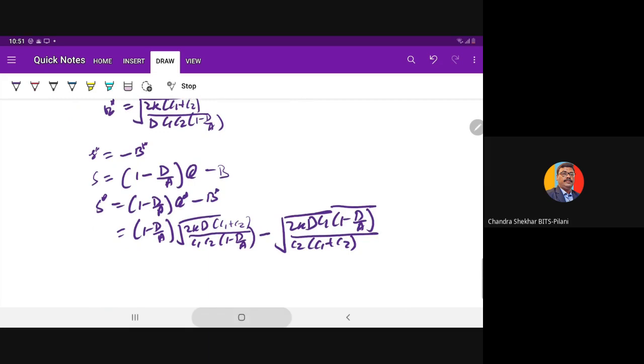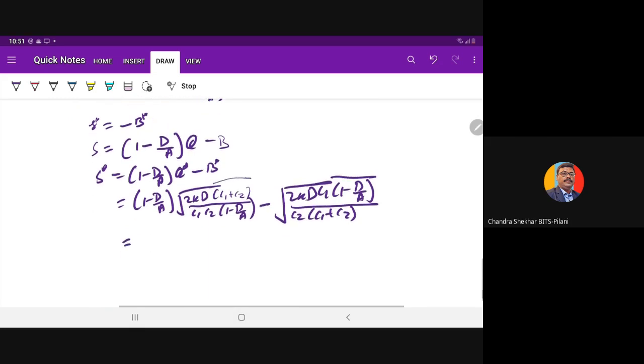So here we have the S star. On solving, the S star will come: 2KD 1 minus D upon A into C2 upon C1 into C1 plus C2.